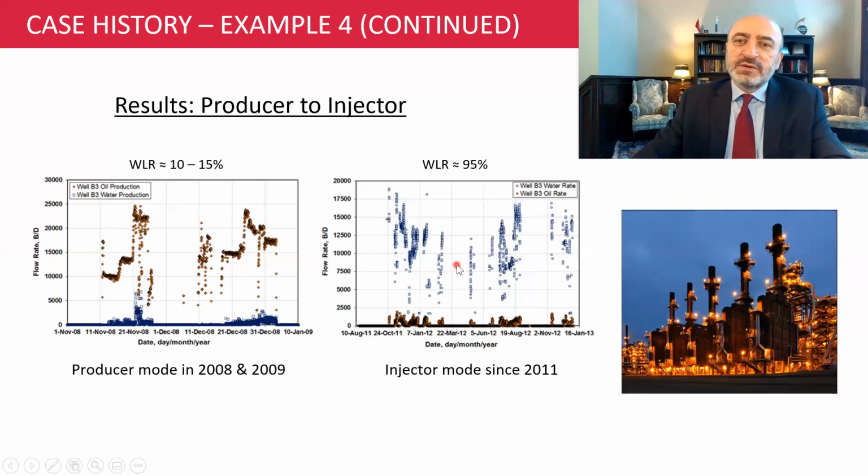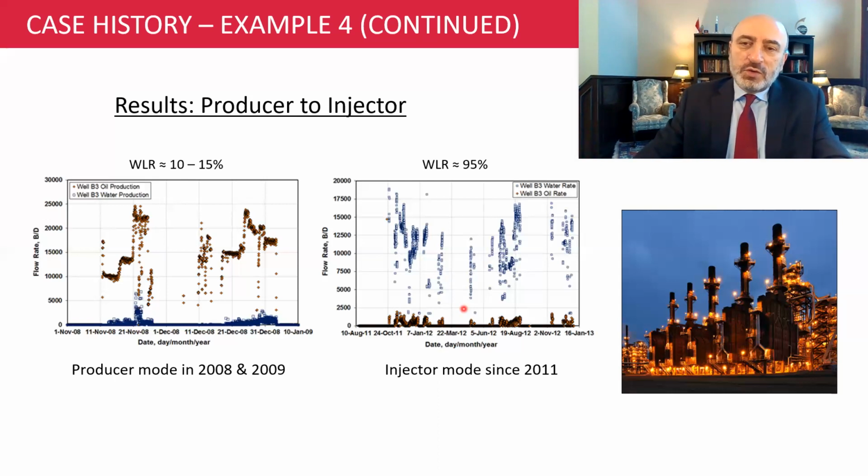Now, here, the correct injection rate is equal to the total flow rate, which is the sum of the water and oil flow rates. Let me explain why. But first, it is important to note that there was no change made to the optical flow meter, and the meter was running in the two-phase flow calculation mode.